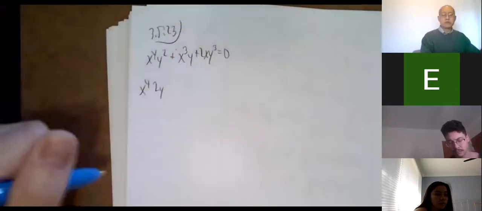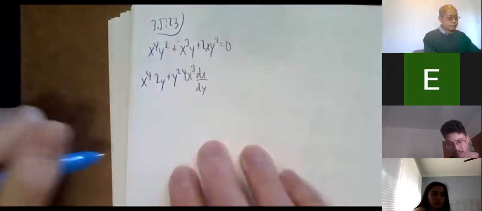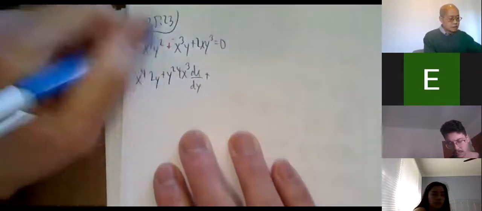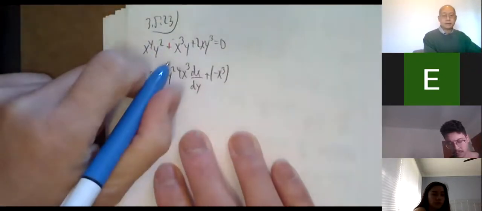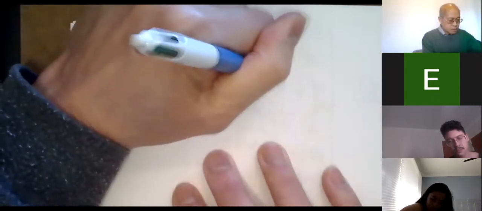First times derivative of the second, 2y, and don't need anything else, plus second times the derivative of the first, 4x cubed dx/dy, plus negative x cubed times derivative of y, which is 1, plus the second y times negative 3x squared dx/dy, plus second function, 2x times the derivative of y cubed is 3y squared, plus second function times derivative of first, derivative of 2x is 2 times dx/dy, and that equals 0.